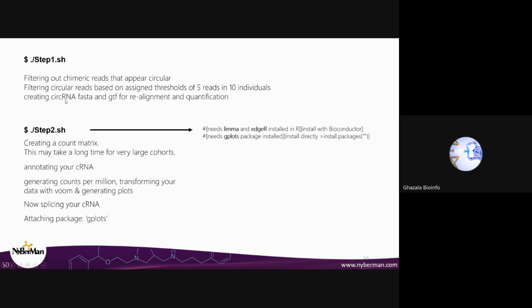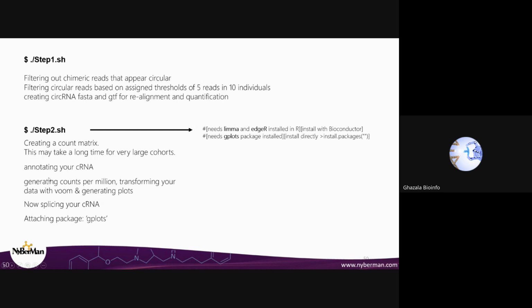The quantification will happen in step two, where the limma package and the edgeR package are required. We can install them using Bioconductor, or even from the CRAN R repository. gplots is also needed to plot the PCA and the other plots generated in this second step.